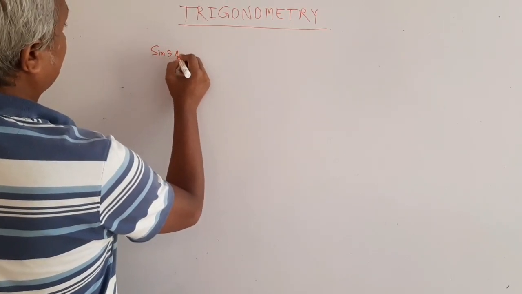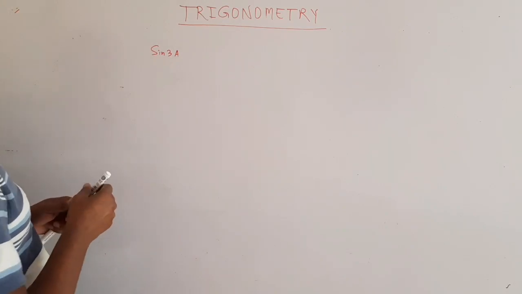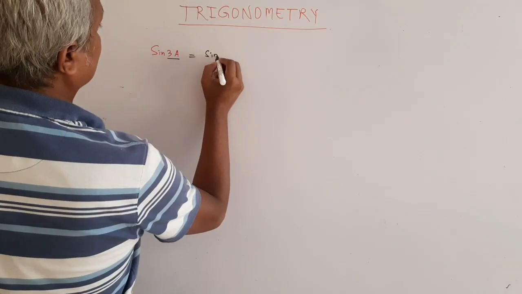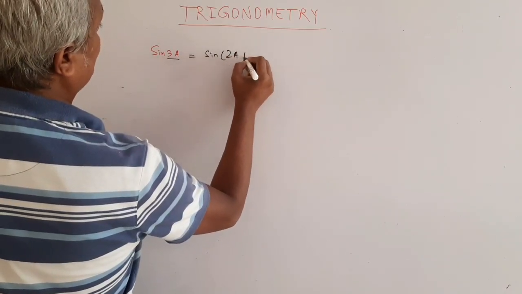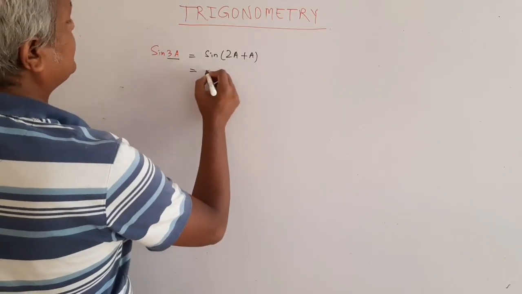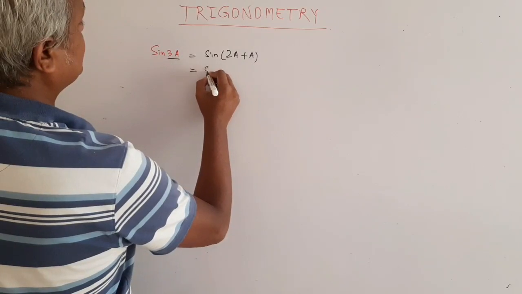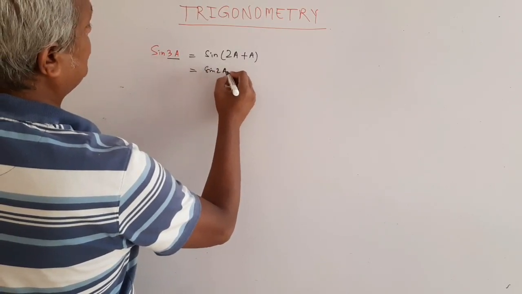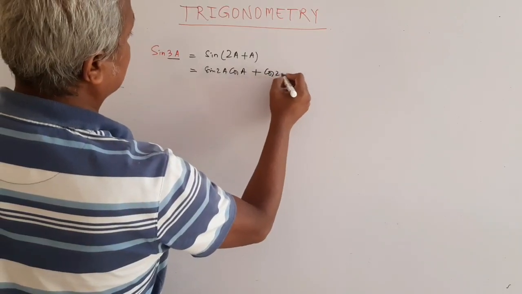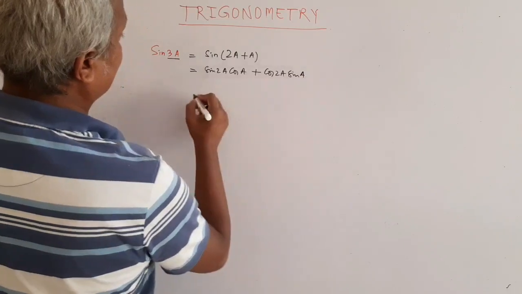Sine 3a. So better you can break this down, this 3a as sine 2a plus a. So this one you can write as, use the formula again, sine 2a cos a plus cos 2a sine a.